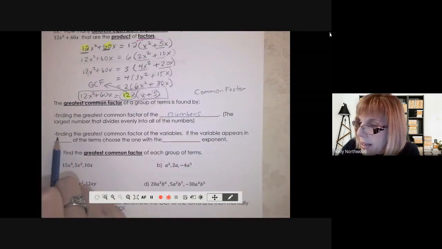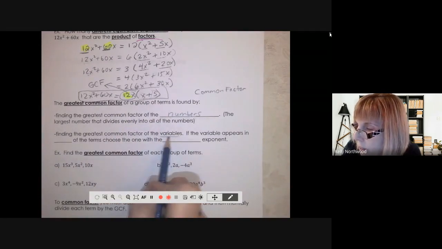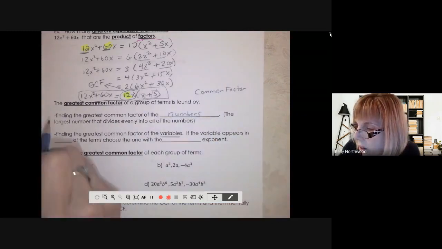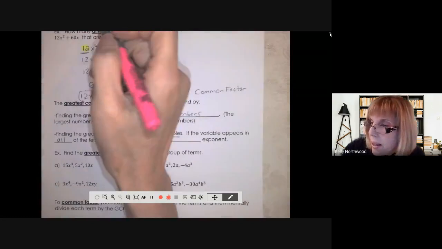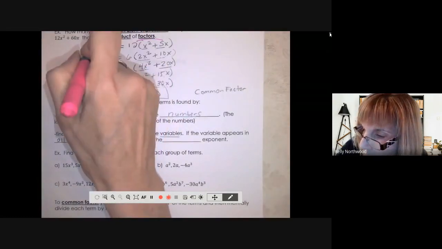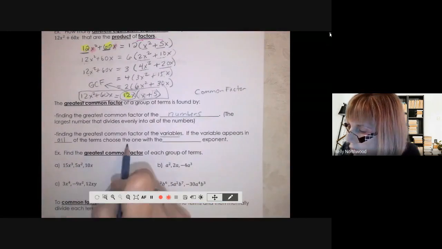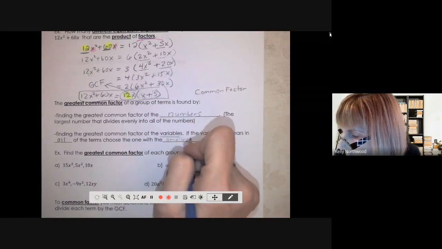And then the second part of your greatest common factor is finding the greatest common factor of the variables. If the variable appears in all of the terms, so if you see here, X was in both terms, then choose the one with the smallest exponent.